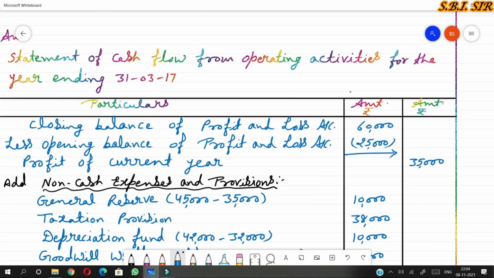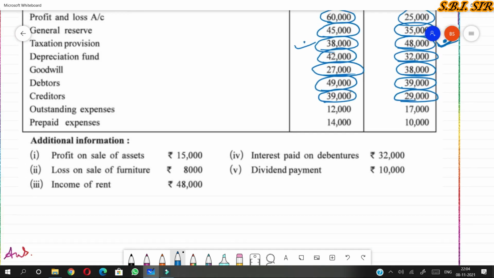Next, outstanding expenses. Opening balance is 17,000. Closing balance is 12,000. Here outstanding expenses decrease, meaning if current liabilities decrease, then cash flow also decreases.